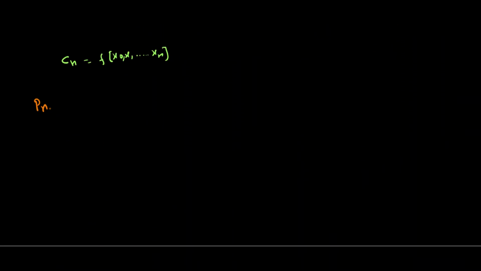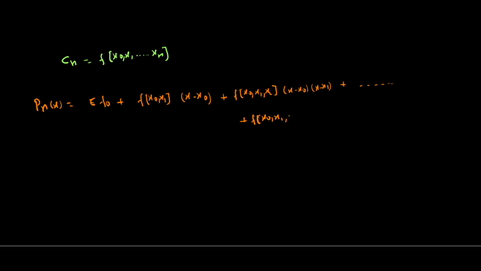So my polynomial Pn of x will be equal to C0, and that was nothing but f0, plus C1, that is f of x0, x1 into (x minus x0), plus f of x0, x1, x2 into (x minus x0) into (x minus x1). And similarly this will continue up to f of x0, x1, x2 up to xn.